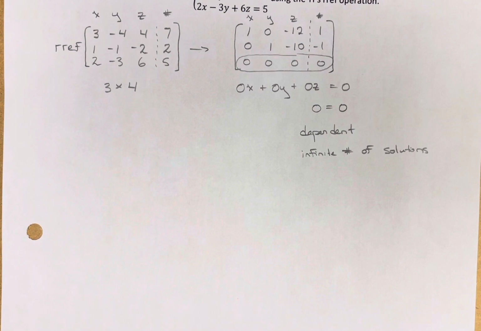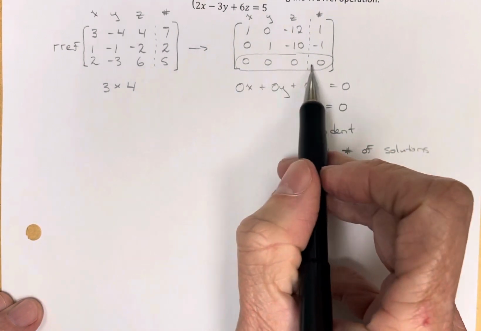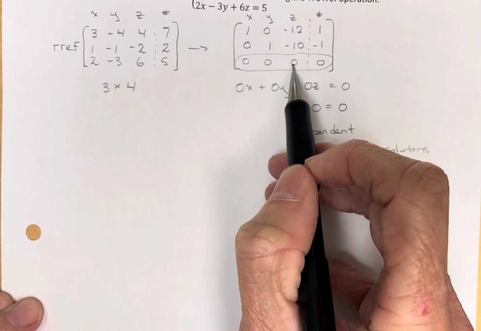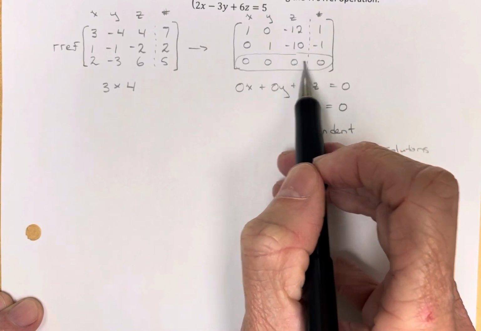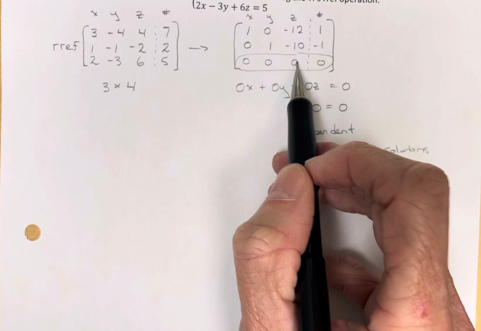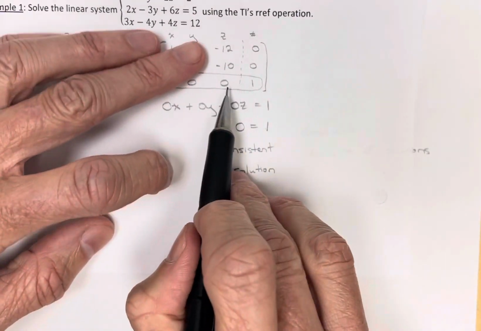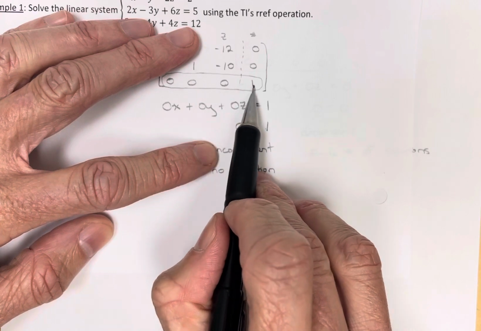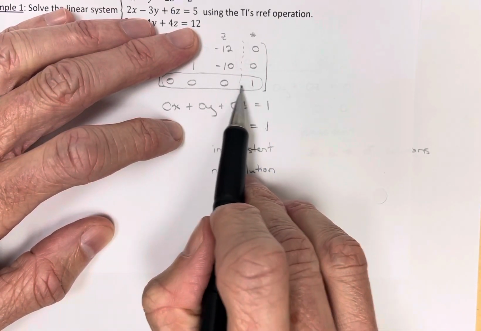So basically what you want to be aware of is what's happening in this 3rd row between these 2. If we have a 0 in this space and a number in this space, we have an inconsistent system.